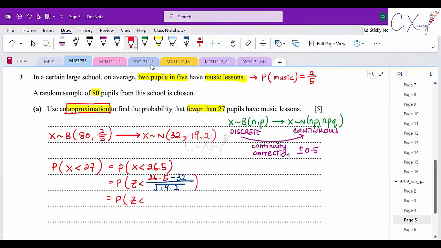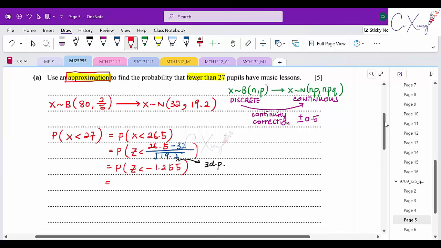By right, you should have negative 1.255. Then there's a small reminder here: give your value of z correct to 3 decimal places, because the accuracy in our table is up to 3 decimal places for the value of z.